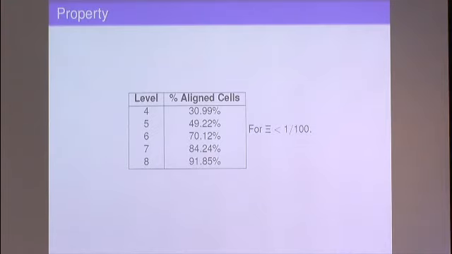So the non-aligned cells are concentrated only around the coarser grid structure. So this is mainly why I think the L2 norm goes nicely into second order, but you lose the second order convergence in the maximum norm.